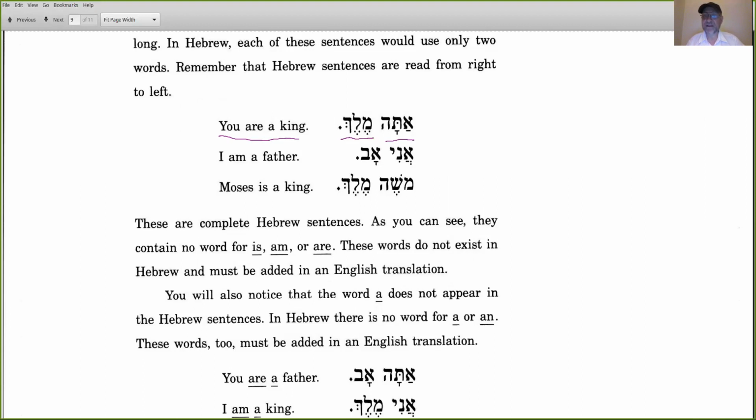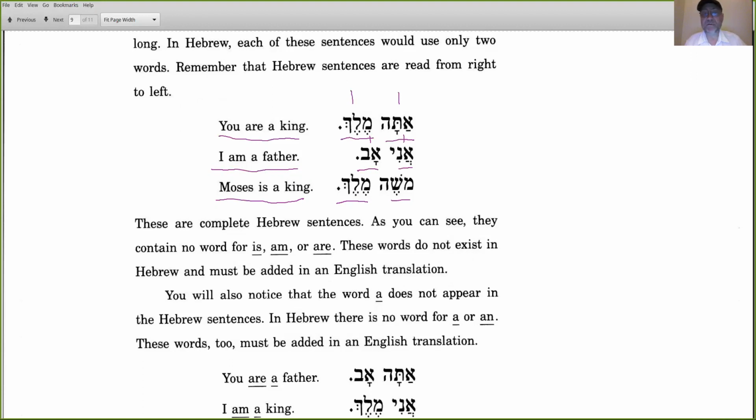Literally, this is saying you, king. If you want to say I am a father in Hebrew, you simply say Ani Av, I, father. That's how it translates literally. If you want to say Moses is a king in Hebrew, you say Moshe Melech, Moses, king.